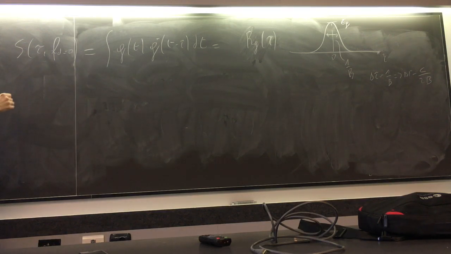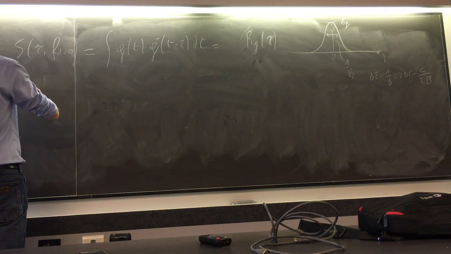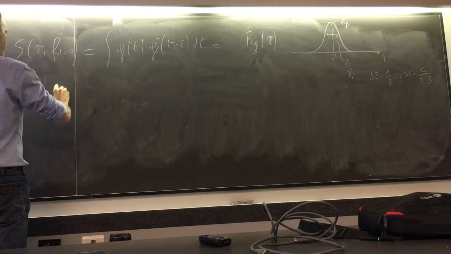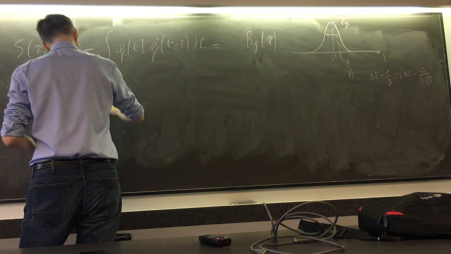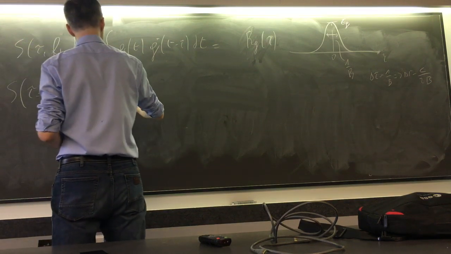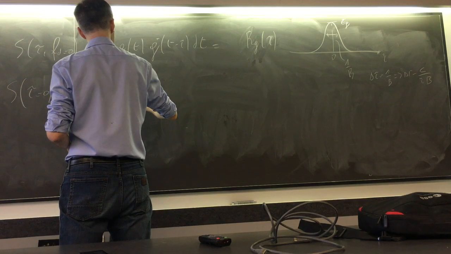The other section is tau equal to 0 and Fd. So what you get here is the absolute value of g.